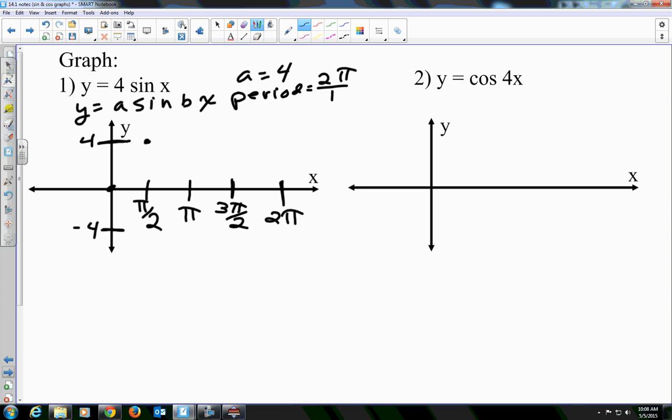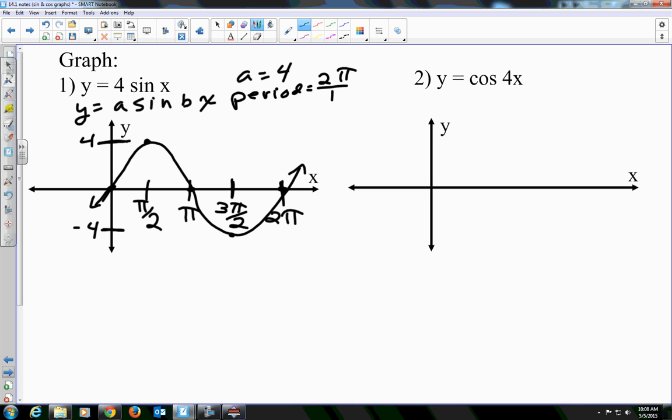You're going to go to pi, come back to 0, go to 3 pi over 2, go to the low point, wind up at 2 pi back at 0, connect the dots, nice curvy lines, arrows on the end. Got it. Things I'm going to look for are those 4 labels on the x-axis, the high point and the low point label, nice curves, arrows on the ends.